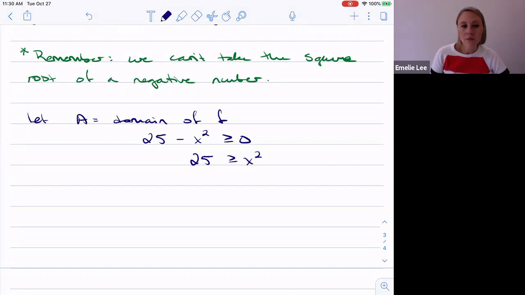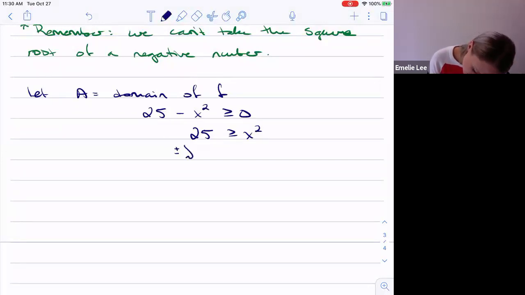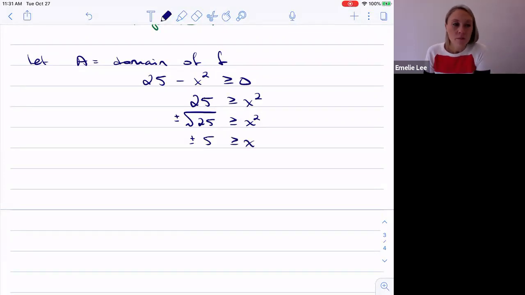Okay. So once I take the square root of both sides, again, I'm going to have a plus minus root 25. Root 25 is just 5. So this becomes plus minus root 25 has to be greater than or equal to x squared. Fine, I get plus minus 5 has to be greater than or equal to x.